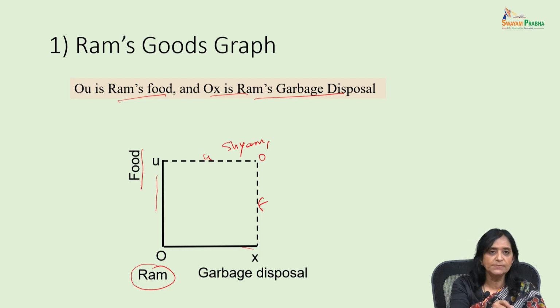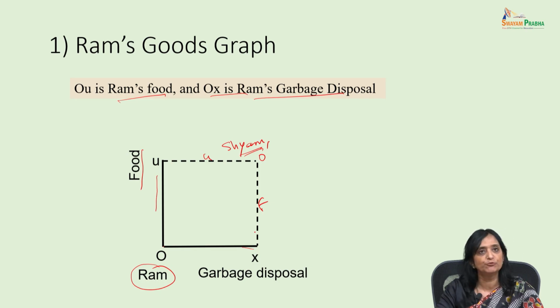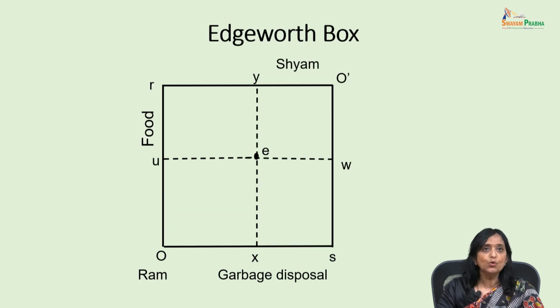So this becomes a box, like a square, wherein we take Ram on the solid lines, O to U being food and O to X being garbage disposal of Ram, and the dotted lines show Sham's goods consumption. So when we join these points, something like this is going to come if we magnify it.